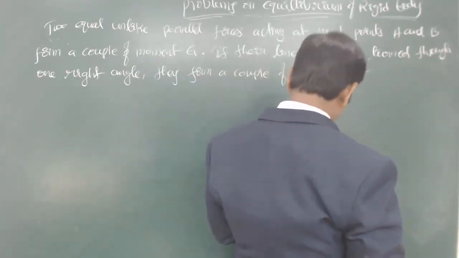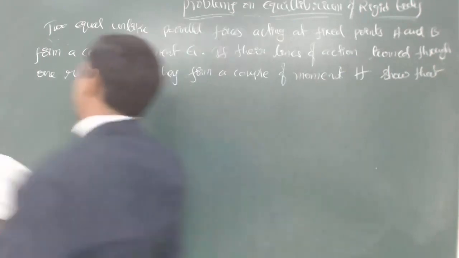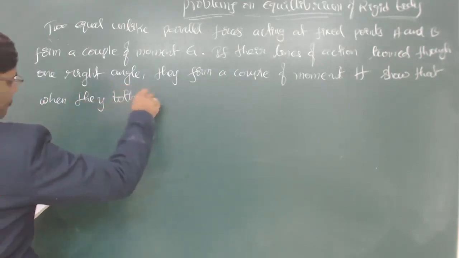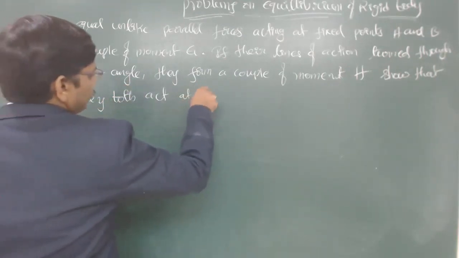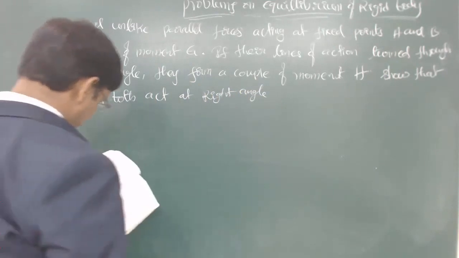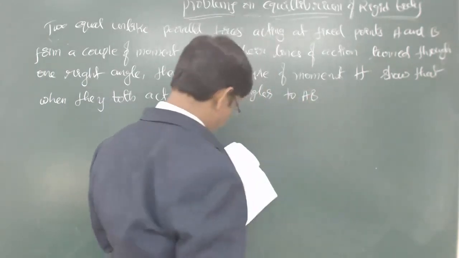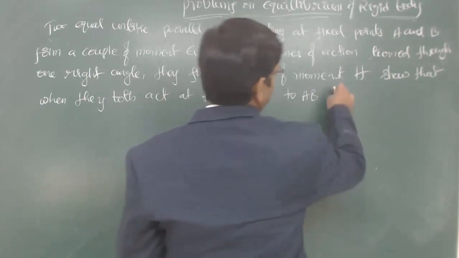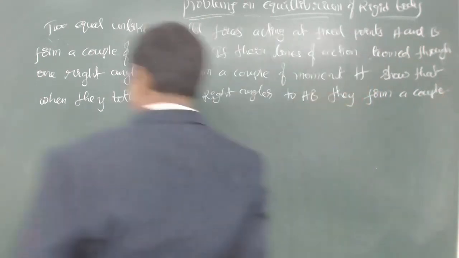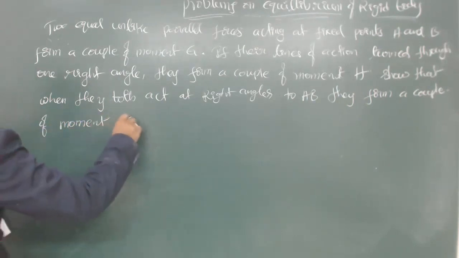Show that when they both act at right angles to AB, they form a couple of moment square root of G square plus H square.